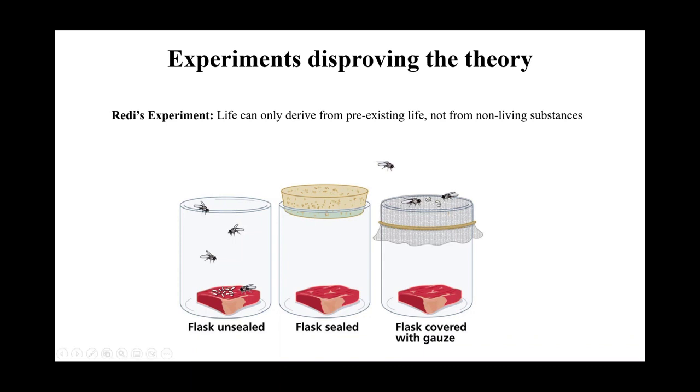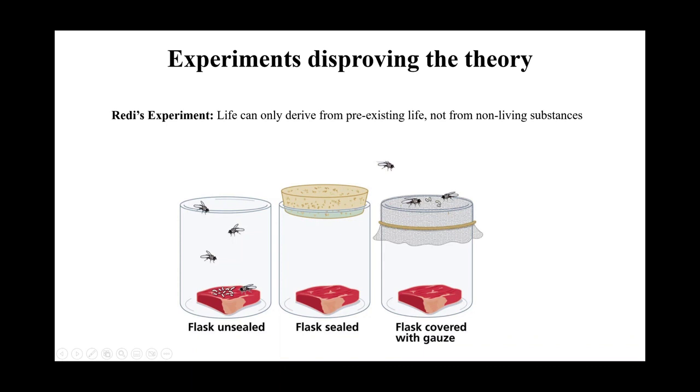But to be completely sure that even if flies come and sit but do not come into contact with the meat, the maggots will not come here. So in the third one, he put a gauze. Now via the gauze, you can have smell coming out. So because of the smell, flies keep coming and sitting on top of the jar, but they do not go onto the meat. But you see here, when they sit here and they're all aggregating here, they start reproducing and they have this maggot formation here.